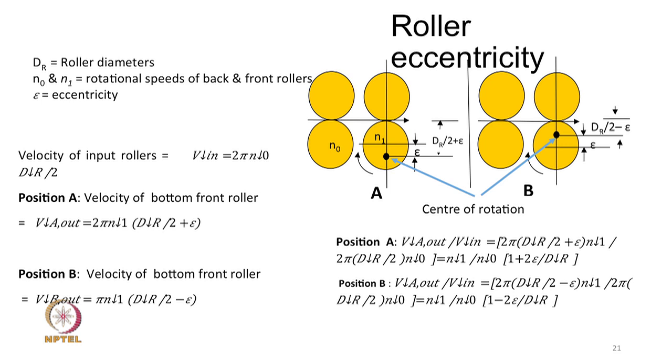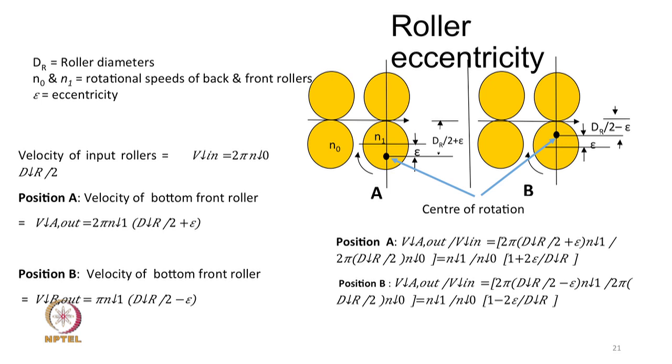It is a drafting zone, and therefore, front rollers must rotate faster than the back rollers. The velocity of the input rollers is 2 pi n0 dr by 2. So, roller diameters are of dr, and therefore, velocity of the input roller is 2 pi n0 dr by 2. This will be the surface speed of the roller.